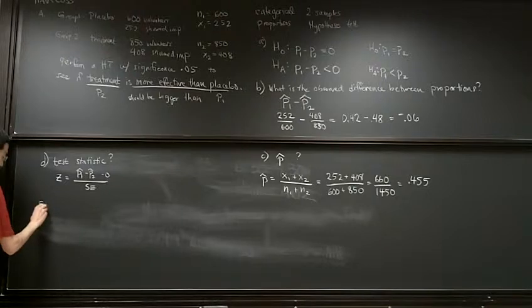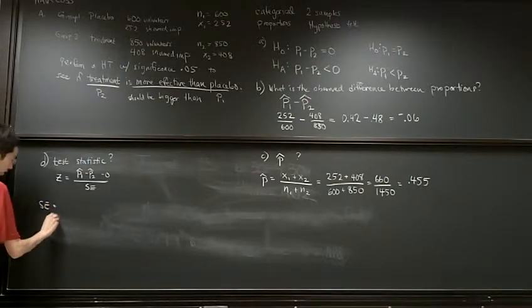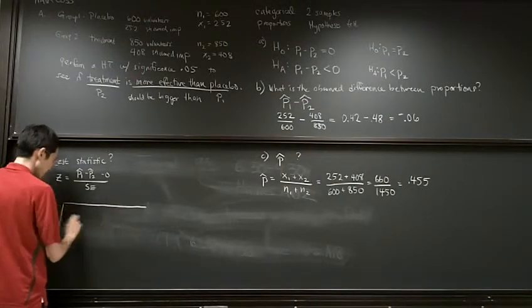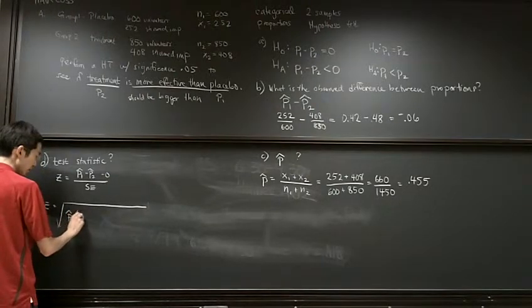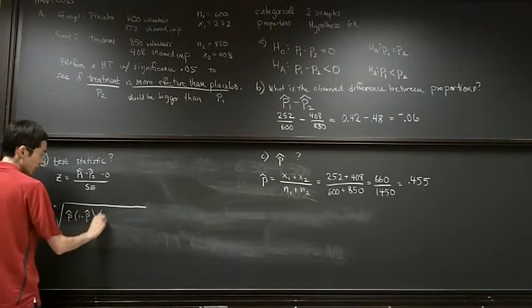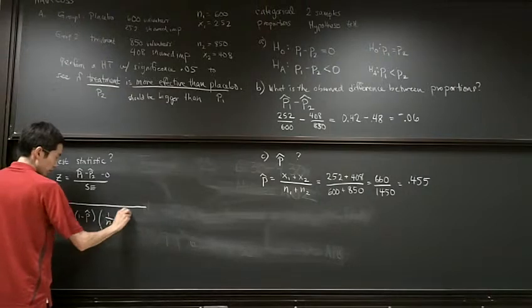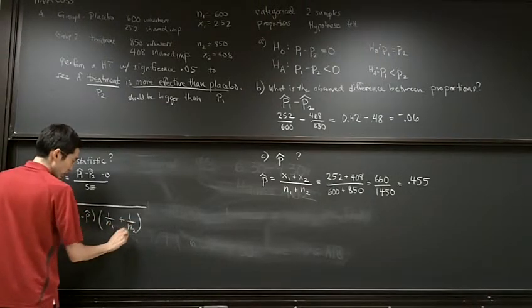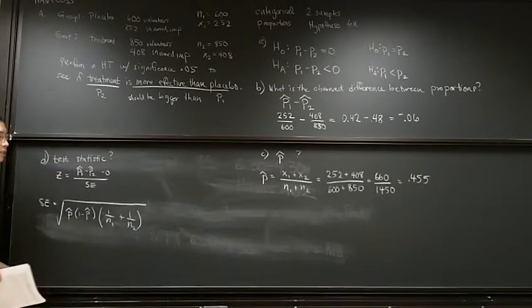How do we find the standard error? Standard error is given by the ugly formula: the square root of P hat times 1 minus P hat, times 1 over n1 plus 1 over n2.